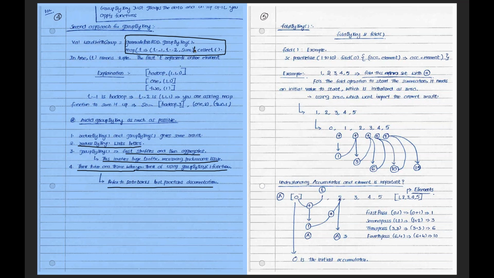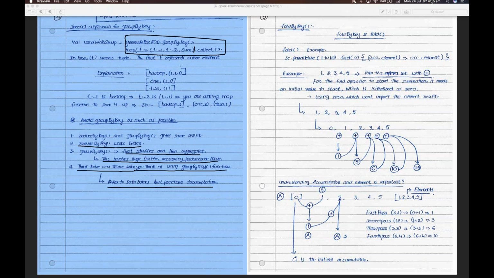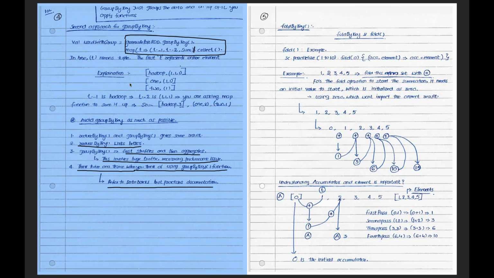Okay, perfect. Let's continue. Now, the next bit is fold by key. Fold by key means, for example, this is the syntax for fold: sc.parallelize 1 to 10, fold of 0. 1 to 10 will form elements 1, 2, 3, 4, 5, 6, 7, 8, 9, 10.